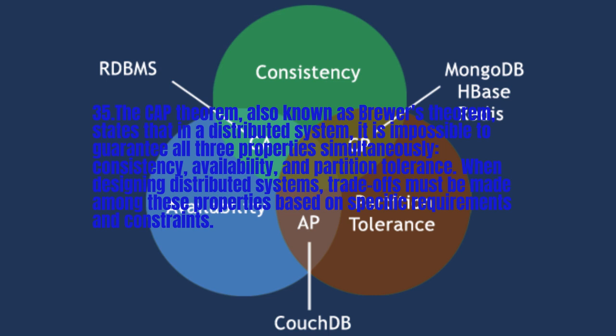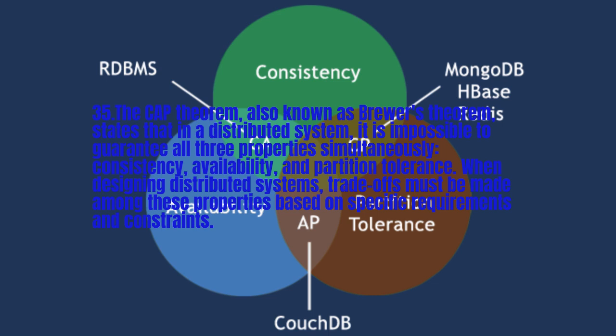If you want consistency and partition tolerance, you can have MongoDB and Apache HBase and Redis. All of these can give you consistency and partition tolerance. And if you go for partition tolerance and availability, you're going to go with Cassandra, CouchDB, and DynamoDB.